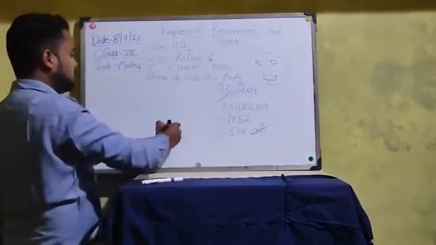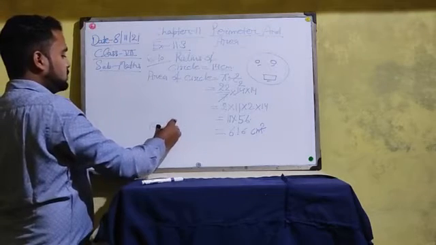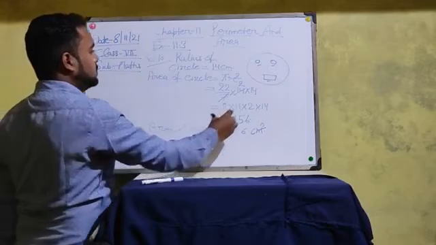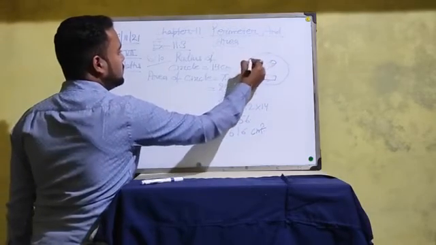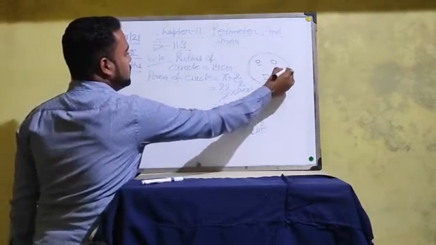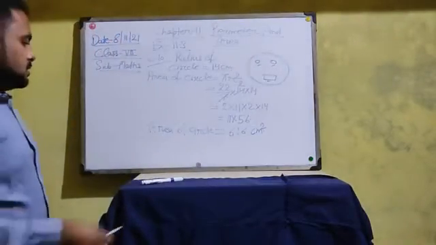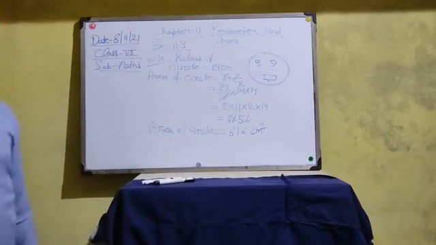It is the area of circle. The area of the whole circle is 616 centimeter square. Note it down.